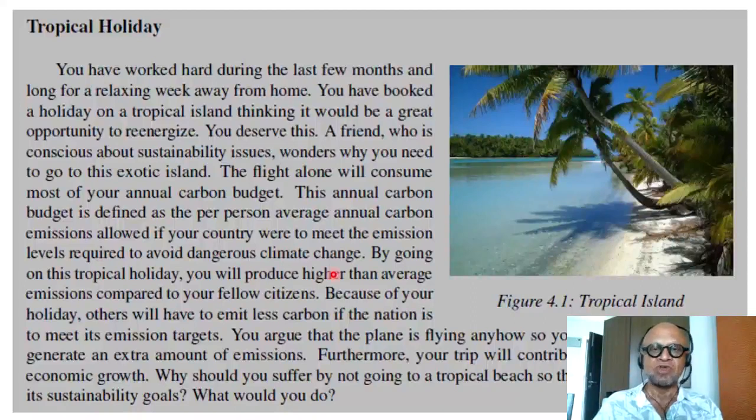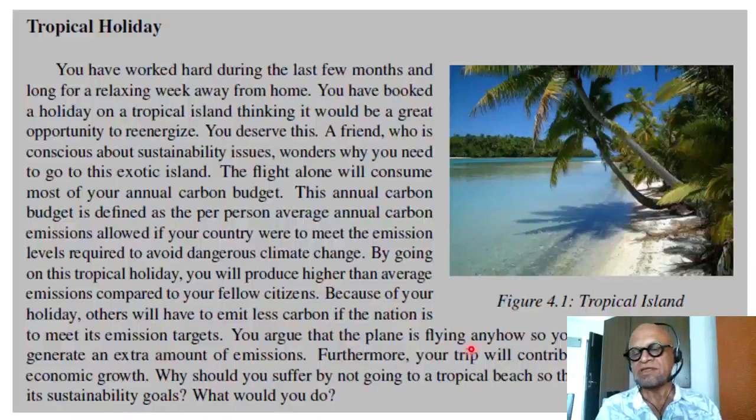So we know, we have other courses where we learn about nationally determined contributions, Paris Agreement, and countries committing to reducing their emissions with mitigation activities and so on. By going on this tropical holiday, you will produce higher than average emissions compared to your fellow citizens. Because of your holiday, others will have to emit less carbon if the nation is to meet its emission targets.